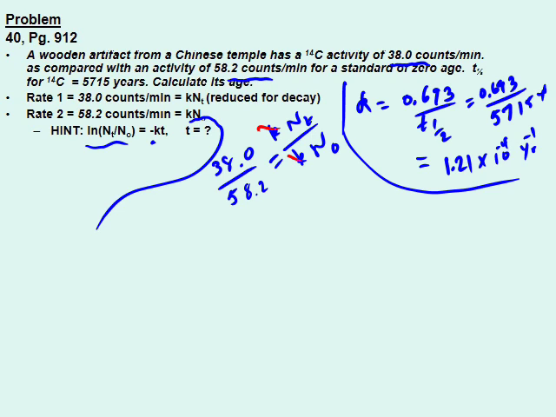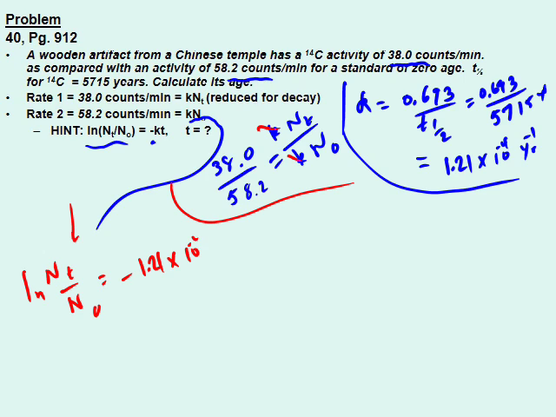Now we are going to use this Nt over N0 in this expression, log of Nt over N0 equals minus k, which is now 1.21 times 10 to the negative 4, times t. Keep in mind this is the k value that we already calculated.